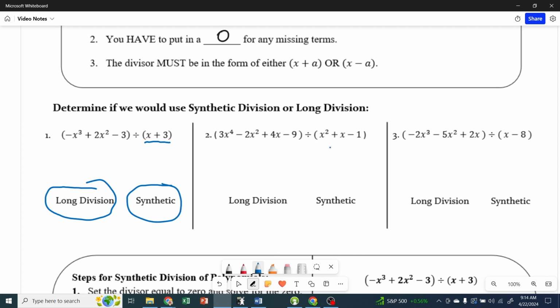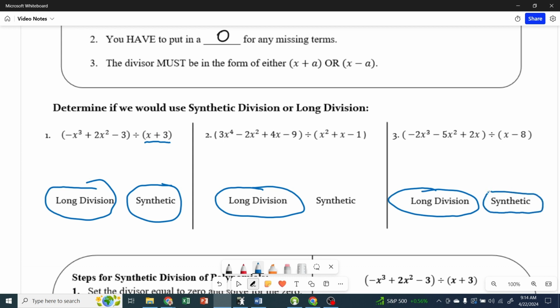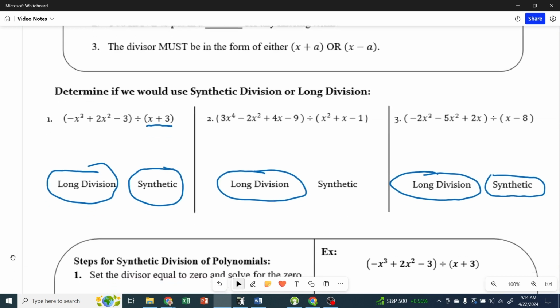The second one, we do not have a binomial, so you can only use long division. This third one, you can use both long and synthetic division. All right, so let's go through the steps of this process.